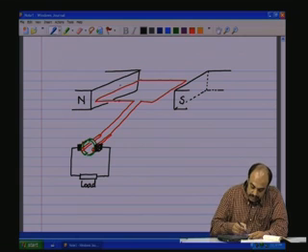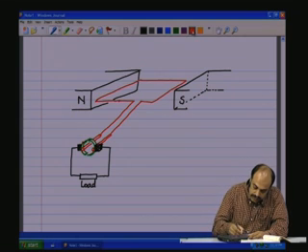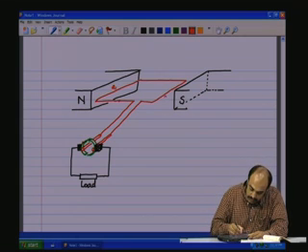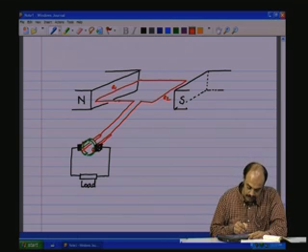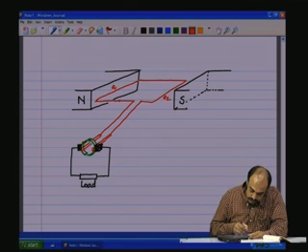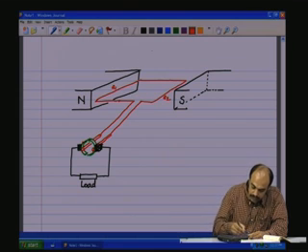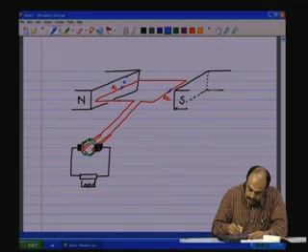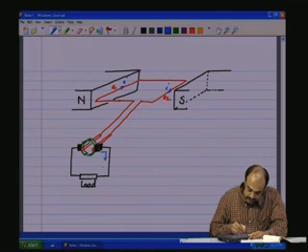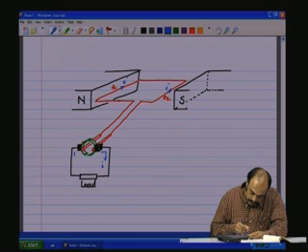So now what happens? We have the coil side A1, coil side A2. Right now, this is going to induce a current in this direction here, and in this direction here, and it flows through the external circuit.